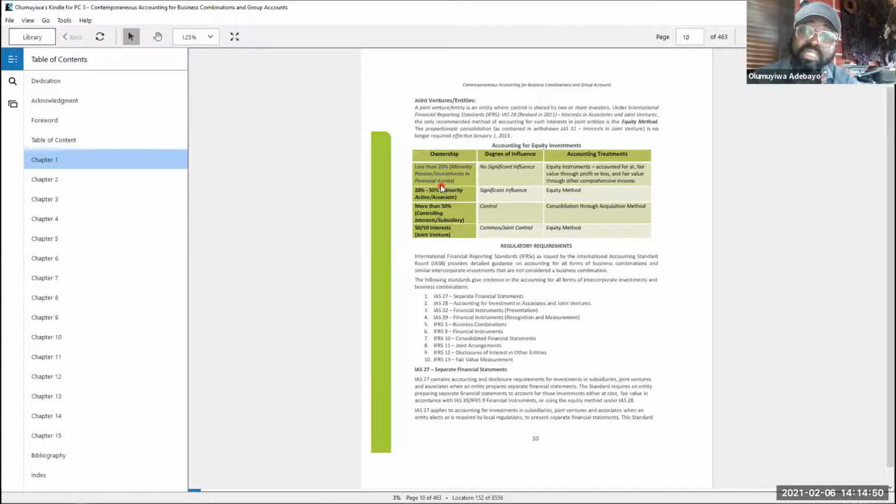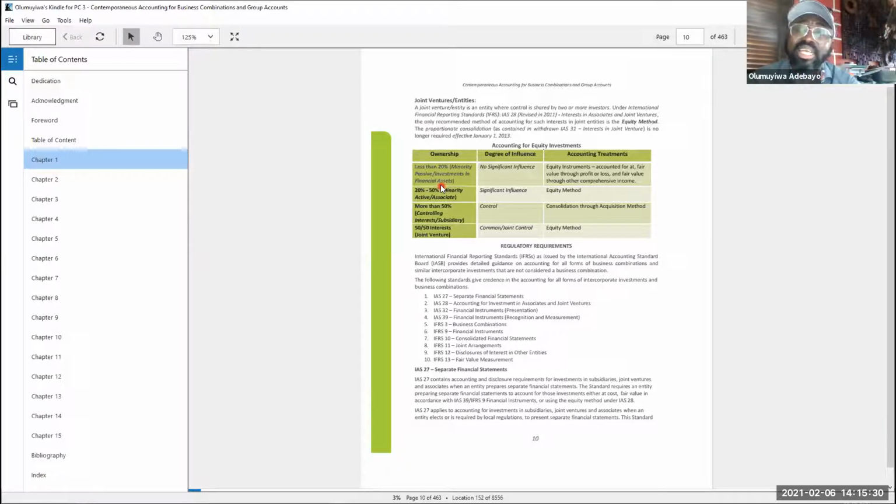Okay, and the final aspect that could arise from equity investment in another company is a situation where you have a common control and that control is jointly held. In that situation, we say we have a joint venture. And in such a joint venture, what you use is in tandem with what we use for minority active investment, or what you call the investment in an associated company. And in that situation, you use the equity method, which we also discuss in line with the requirement of IAS 28.